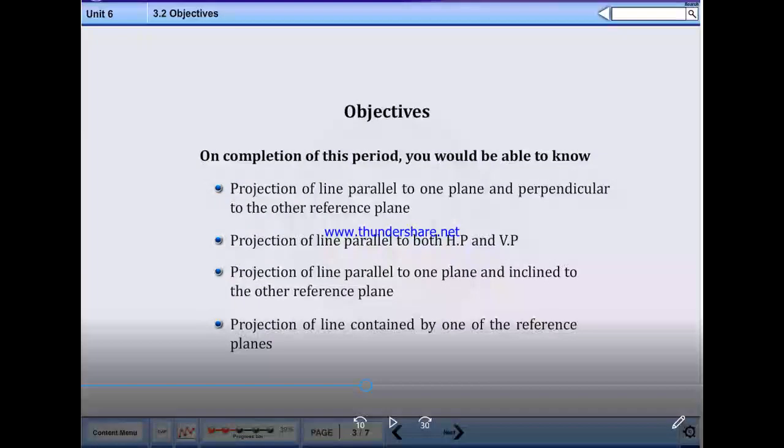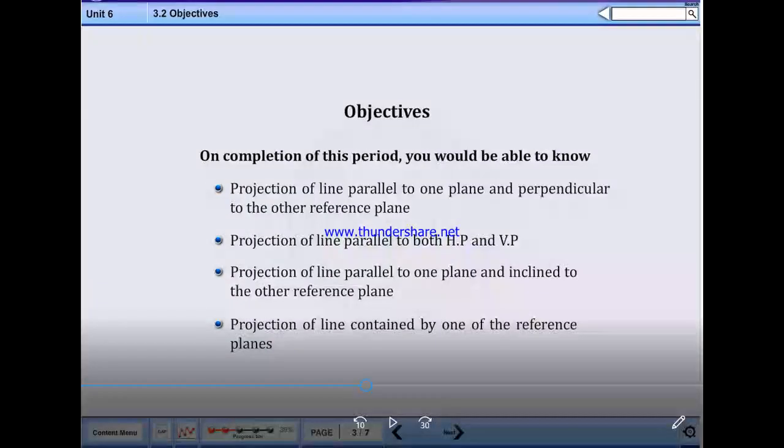That is projection of a line parallel to one plane and perpendicular to the other reference plane. Projection of a line parallel to both HP and VP. Projection of a line parallel to one plane and inclined to the other reference plane.